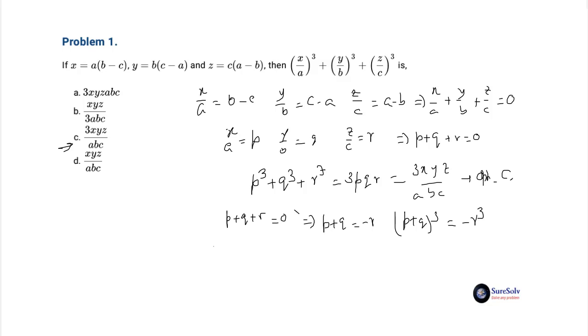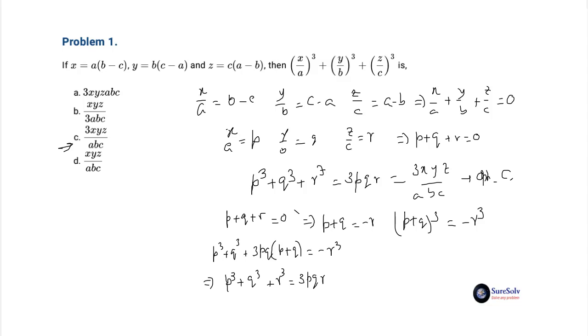Expanding (p plus q) whole cube, p cube plus q cube plus 3pq multiplied by (p plus q) equal to minus r cube, and as p plus q equal to minus r, this results in p cube plus q cube plus r cube equal to 3pqr.